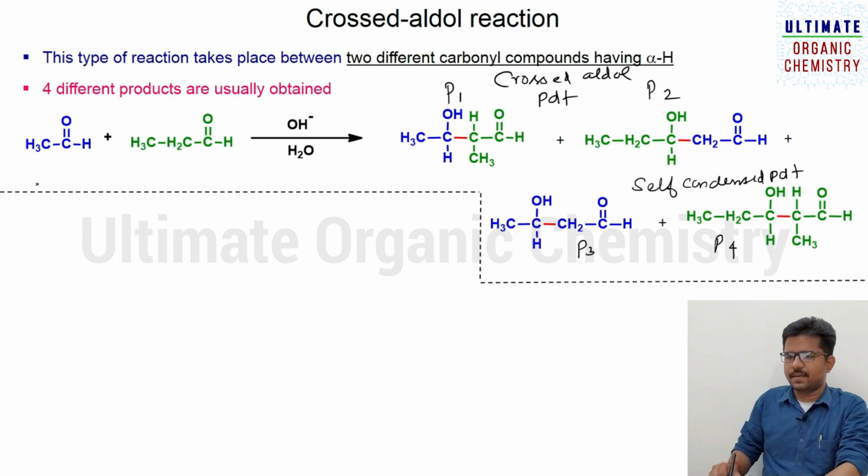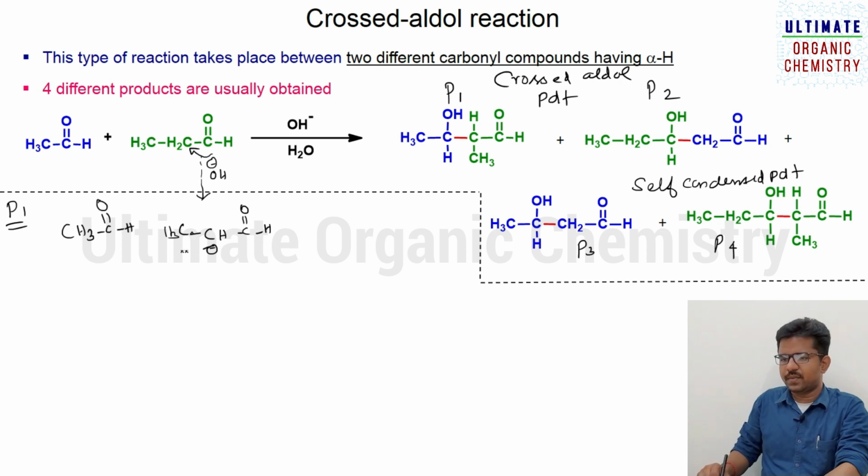For example, in the first case, P1, the base deprotonates this alpha hydrogen, so it goes CH minus CHO, and here CH3, and it is reacting with this aldehyde component.